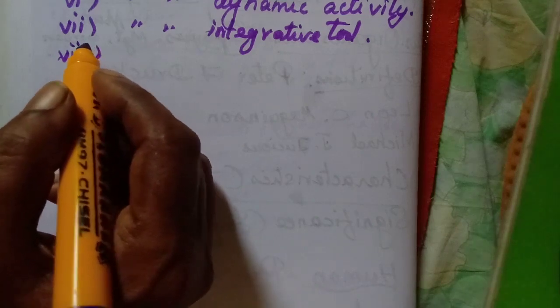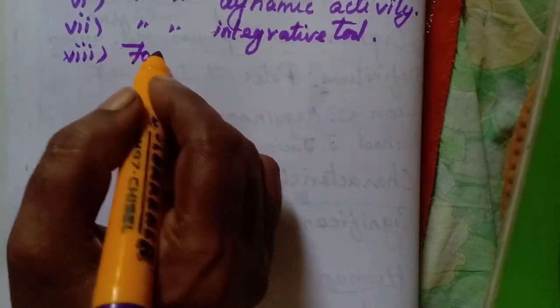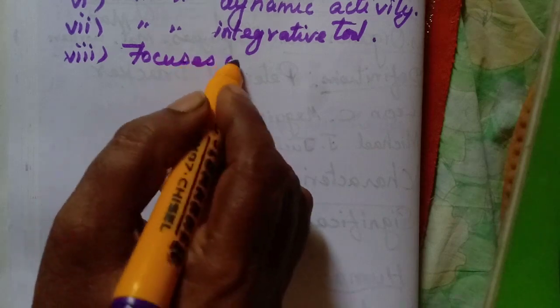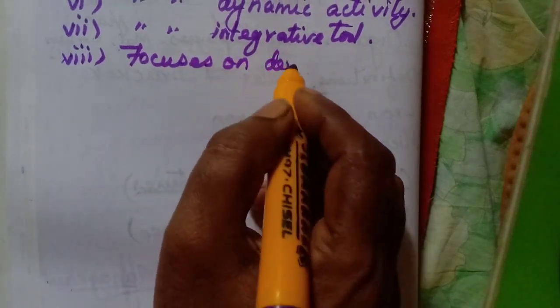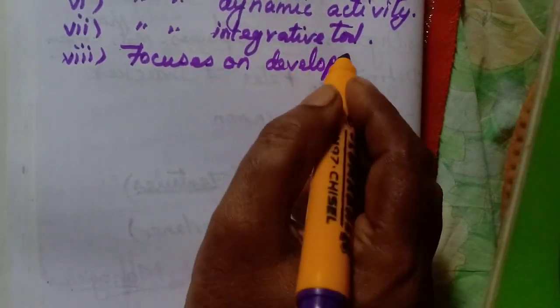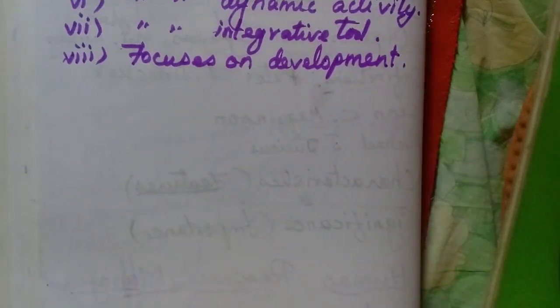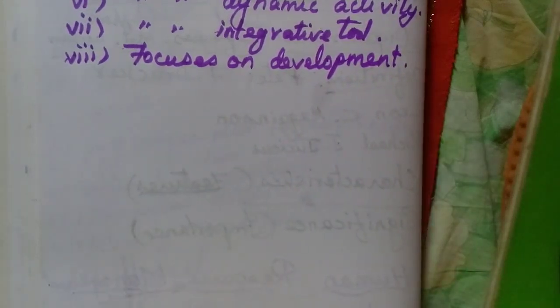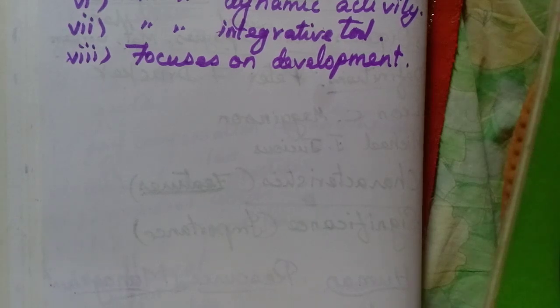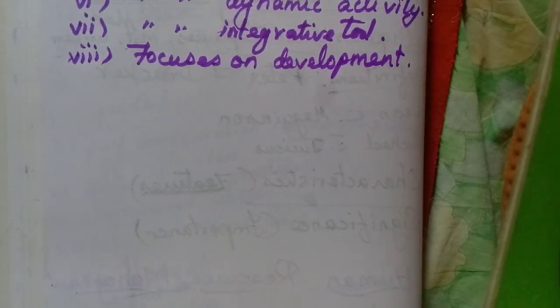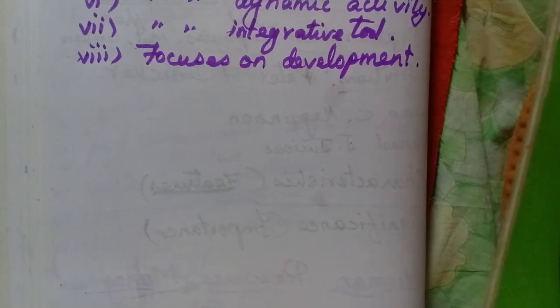Focus on development. Once they have been appointed, their skills and performance must be improved often. Year by year they have to improve in their own thinking, their own work, performance, everything.